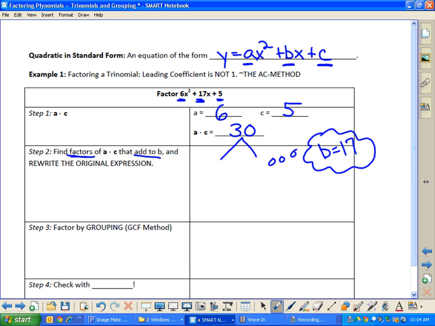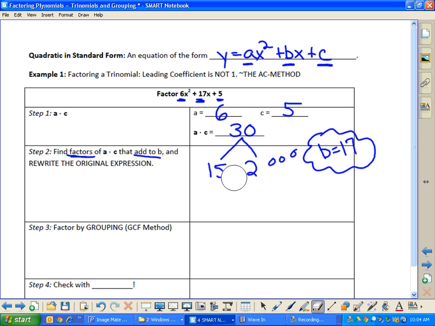All right, so we're thinking of numbers that multiply to give us 30, but then have a sum of 17. Go, Tamara. 15 times 2 gives us a product of positive 30, and then the sum of positive 15 and positive 2 is positive 17, so nice job. She's right about that.